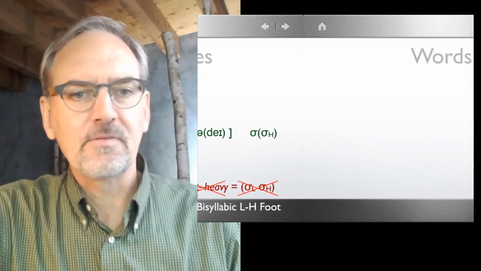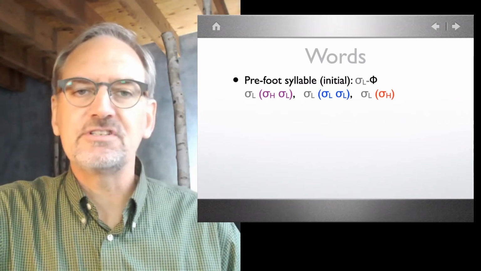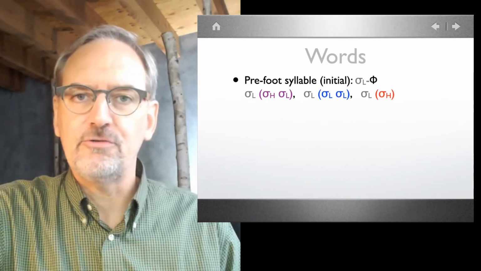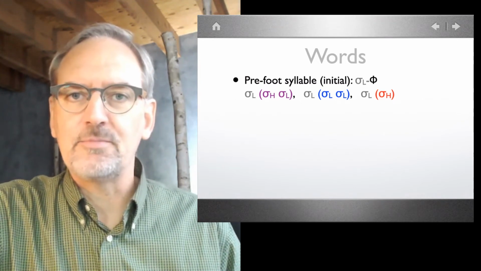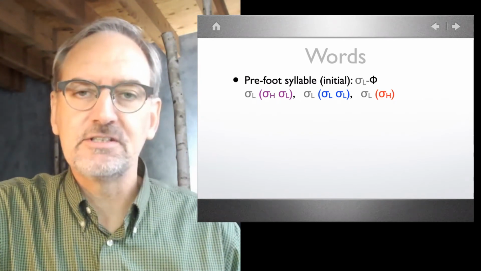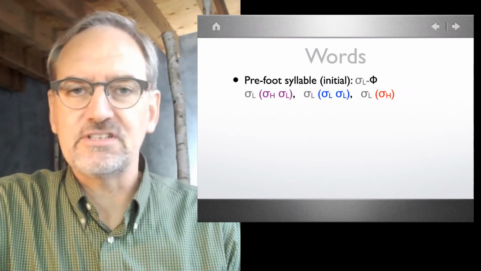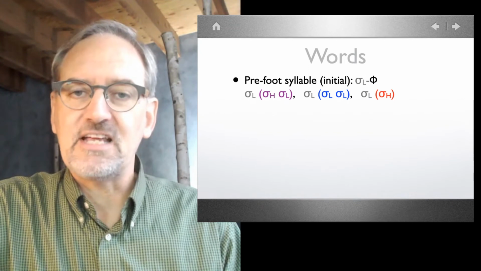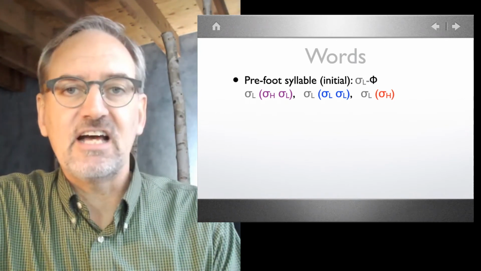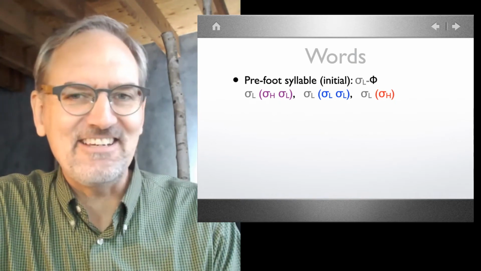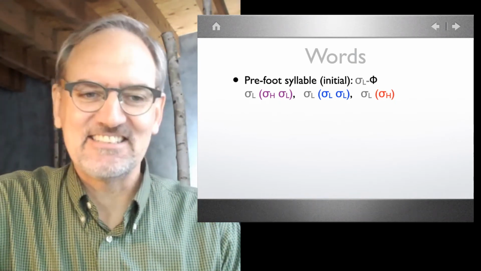Okay. Now, moving on to words, right? We can talk about words that have a pre-foot syllable, like today. Today would be an example of a monosyllabic foot, but we also have words with a pre-foot syllable where the foot is a bisyllabic foot. Either a bisyllabic foot that is heavy-light, or a bisyllabic foot that is light-light.